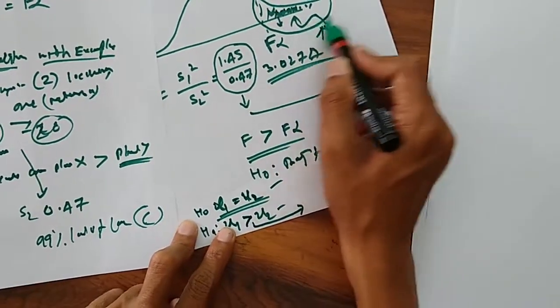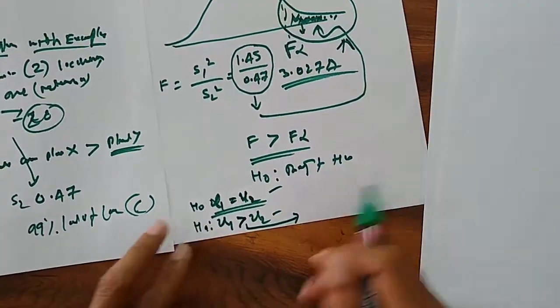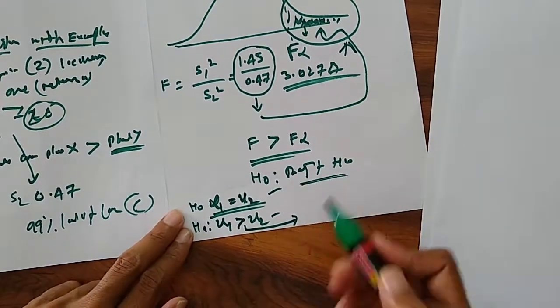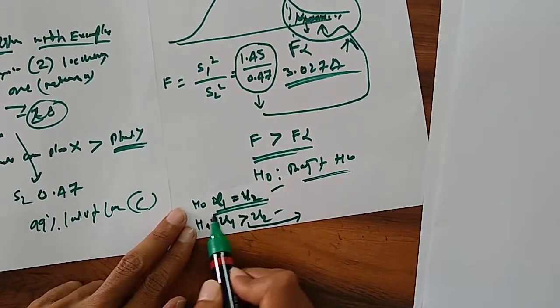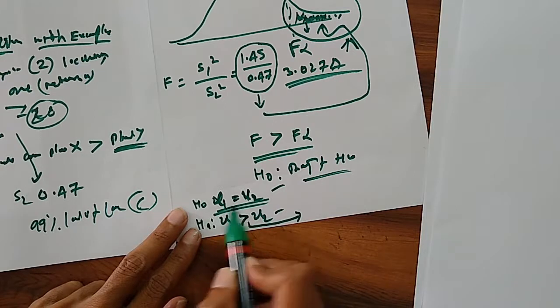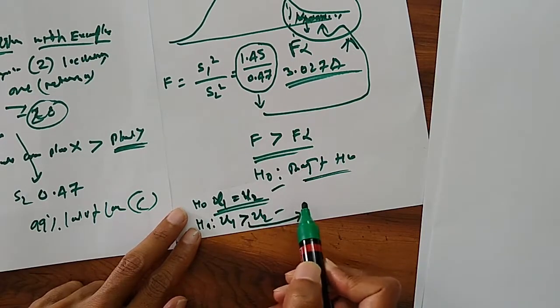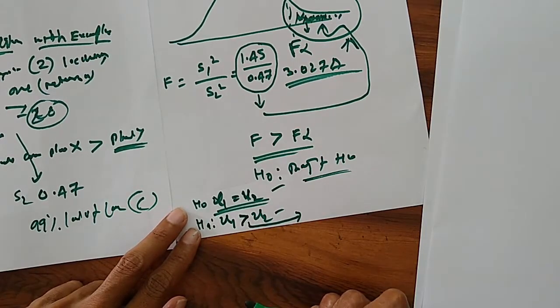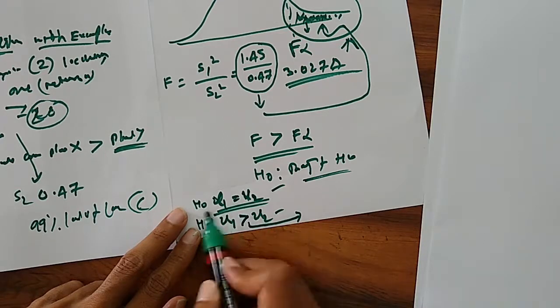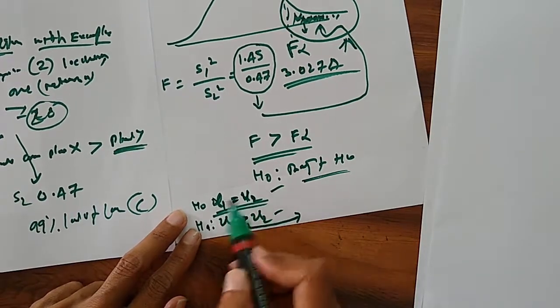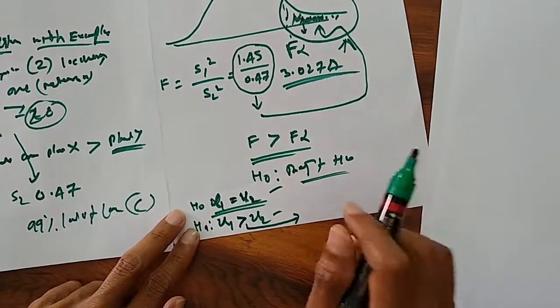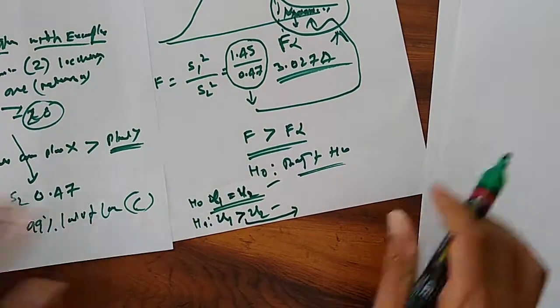This is the right tail test we are doing. So we are rejecting our null hypothesis. That means our claim is true, right? We are not creating the same size of cell phones in plant X and plant Y.